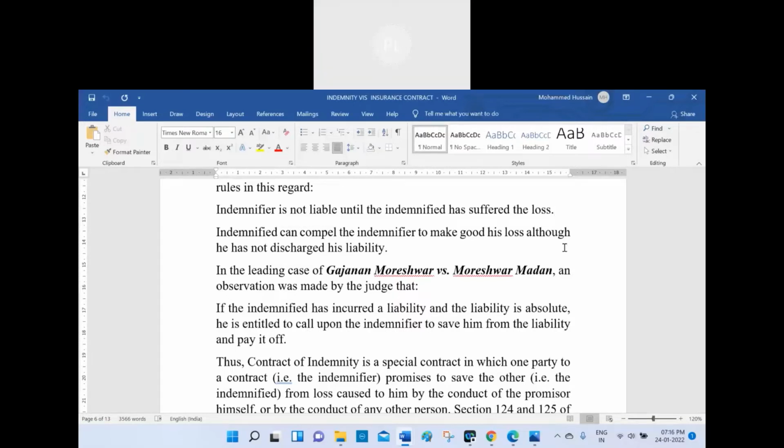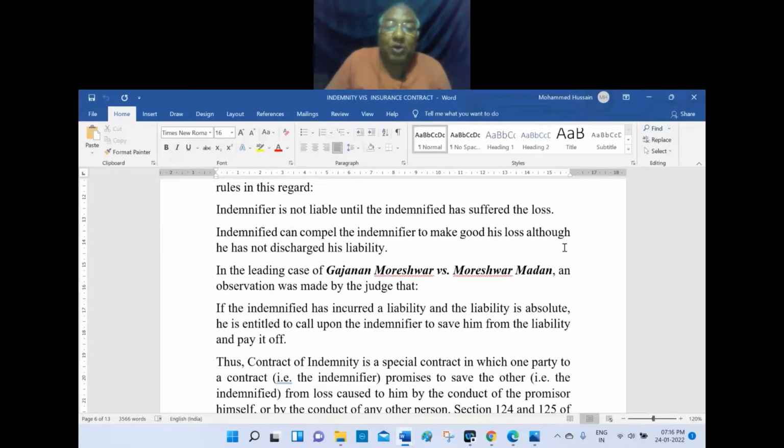The indemnified can compel the indemnifier, the insurer, to make good his loss, although he has not discharged his liability. Even though there may be some fault from the indemnified, it will still be covered by the insurer.